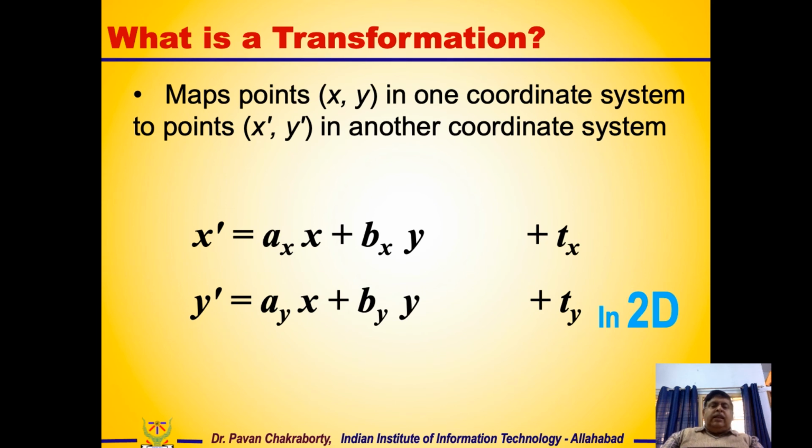The linear transformation is basically: x prime is equal to ax multiplied by x plus bx multiplied by y, and y prime is equal to ay multiplied by x plus by multiplied by y.